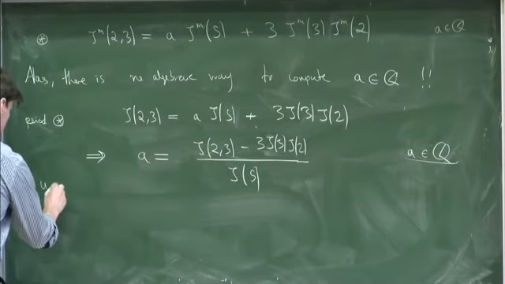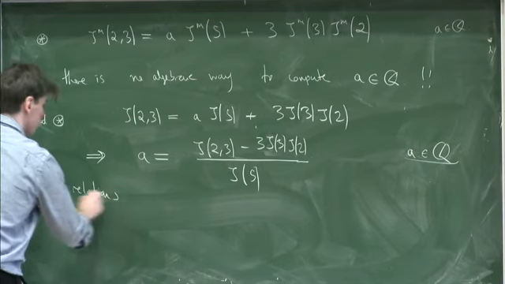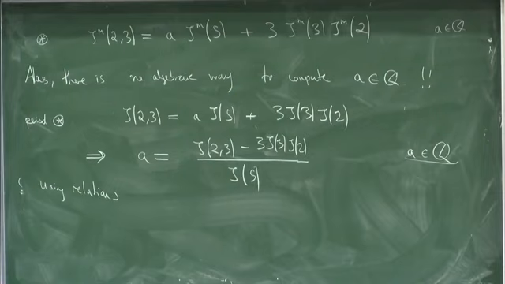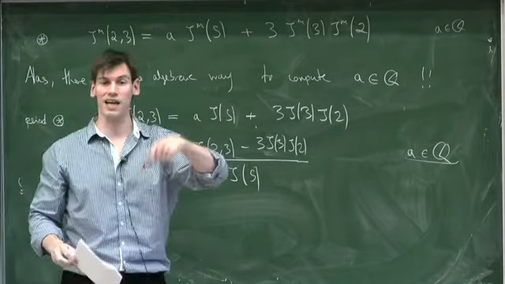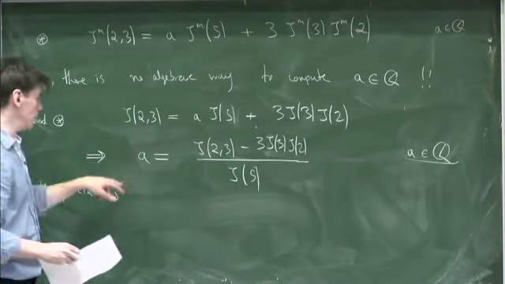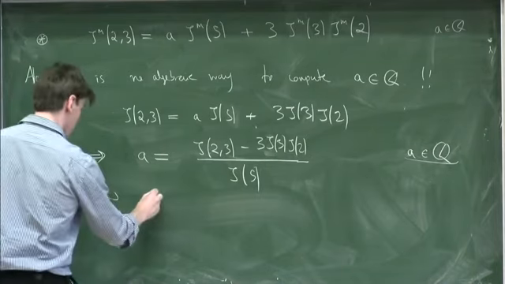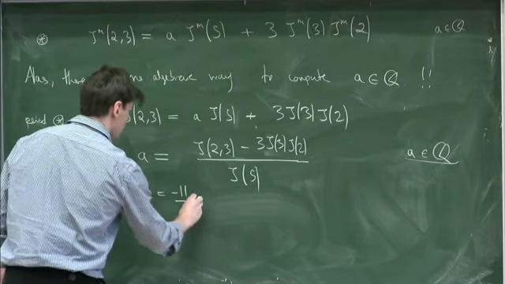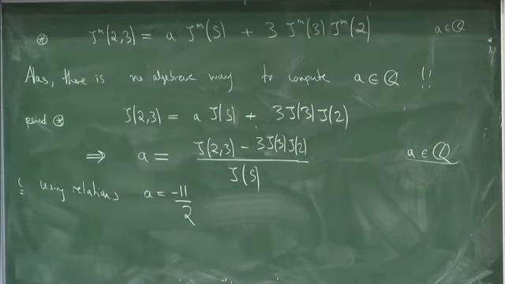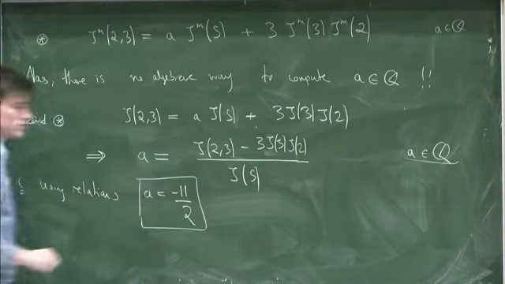So either using relations, and this is where the devil creeps into the whole Motivic side, because everything up to now has just been this combinatorial calculation, it just gives integers. But in the real world, these numbers can be very complicated indeed. So using relations or otherwise, we find out that A is minus 11 over 2. And this number is somehow sort of given to us by the gods.